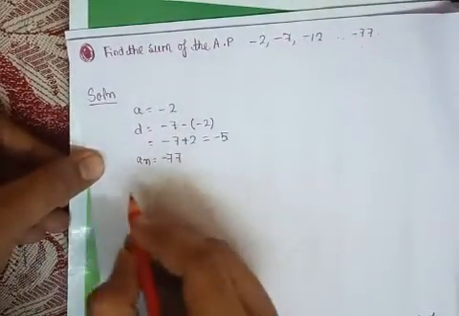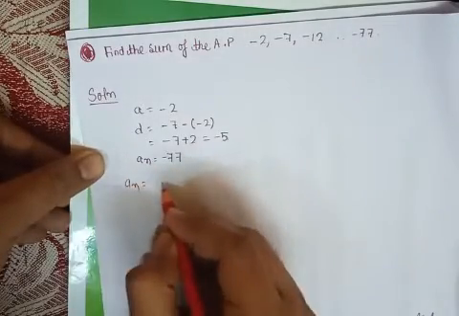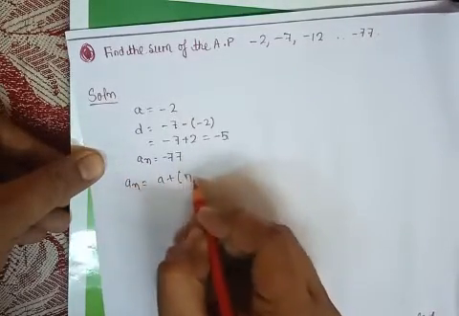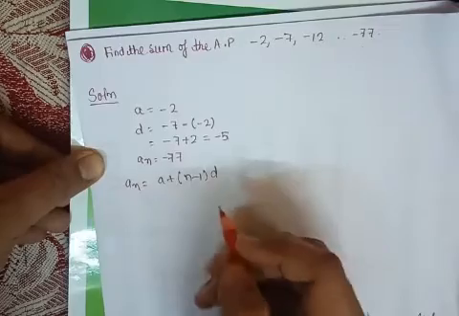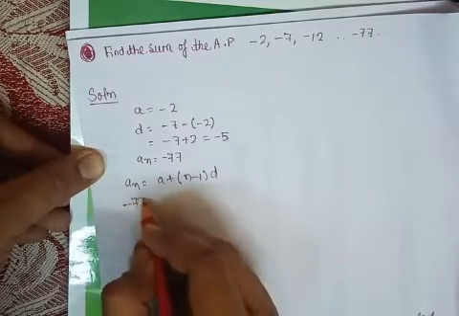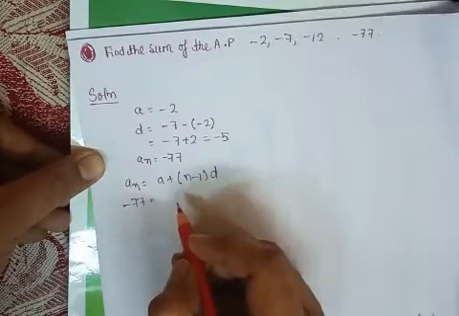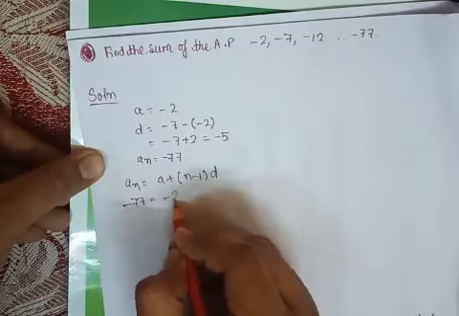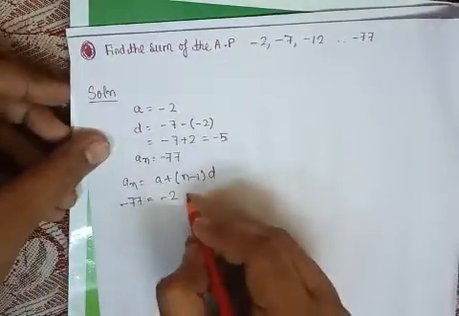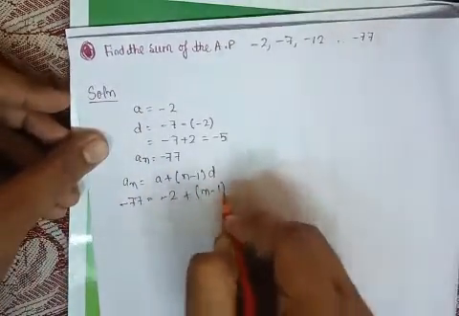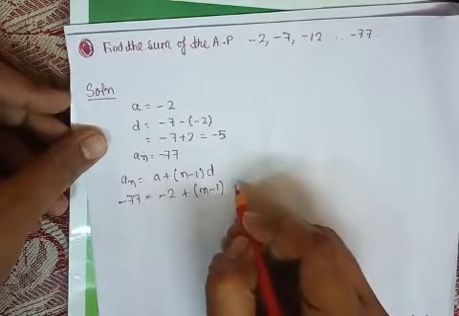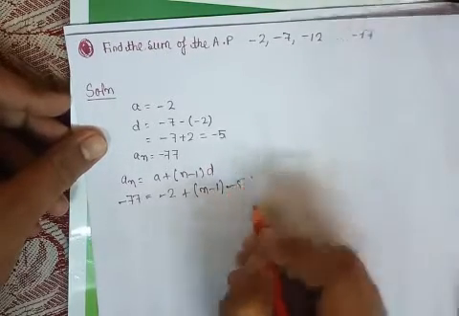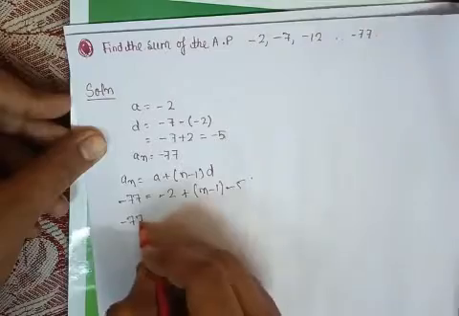So in the last exercise we learned that an is equal to a plus n minus 1 into d. So from this we can take out the value of n. a की जगह -2 लिखेंगे, n का वैल्यू हमें निकालना है तो इसको ऐसे ही छोड़ देते हैं। d हमारा आया था -5, so we get -77.